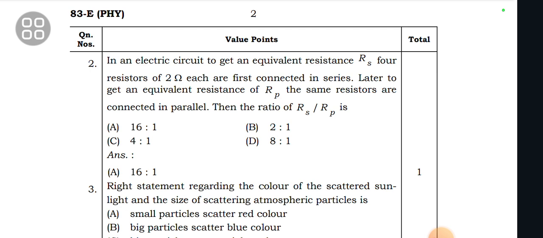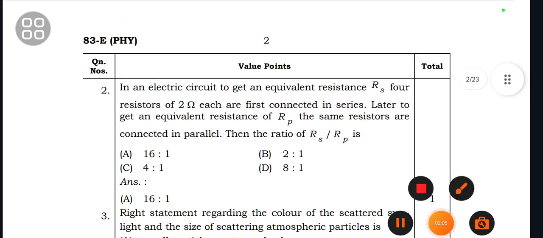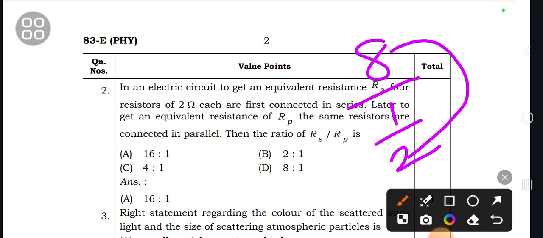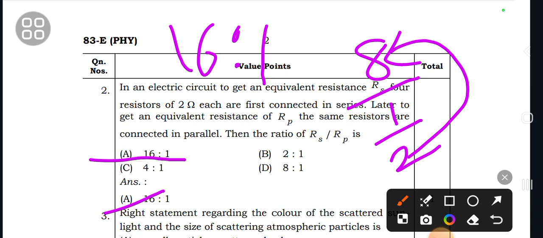In series it is 8, and in parallel it is 1 by 2. By solving this, it becomes 16 is to 1. So answer A is correct, which is 16 is to 1.